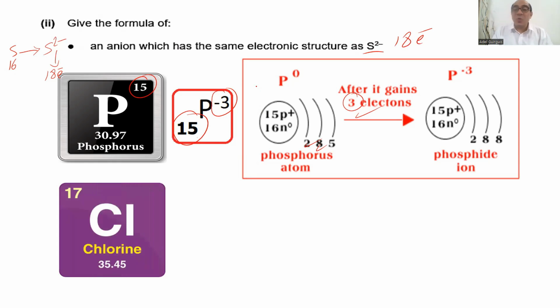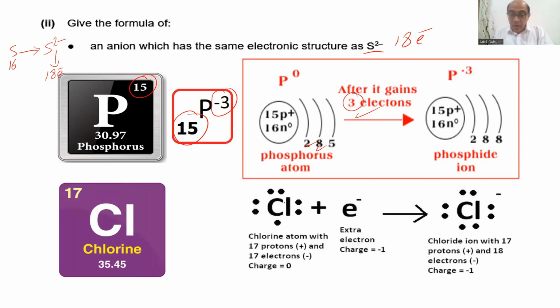What about chlorine? Chlorine 17 is in group 7. During chemical reaction, it tends to gain 1 electron to become full, similar to the nearest inert gas, argon. The outermost shell contains 7 electrons: 2, 8, 7. By gaining 1 electron from another atom like sodium, it becomes 2, 8, 8 carrying a negative charge.